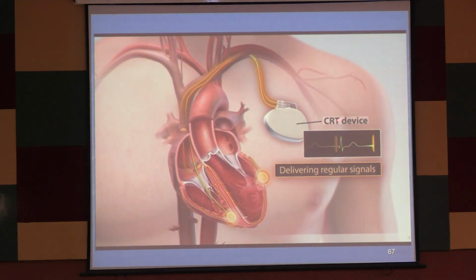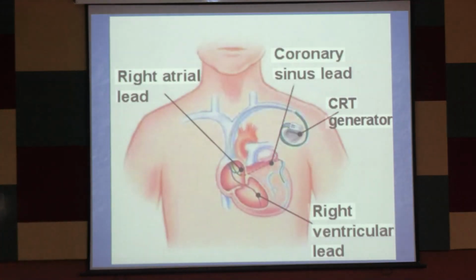This is the CRT device. Here the subclavian approach, right atrium, right ventricle, and through the coronary sinus in the left ventricle. Right atrial lead, right ventricular lead, and the coronary sinus lead.